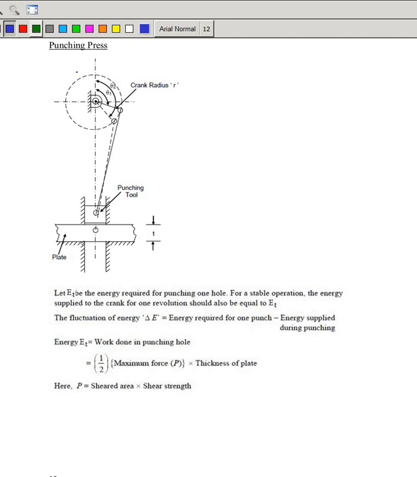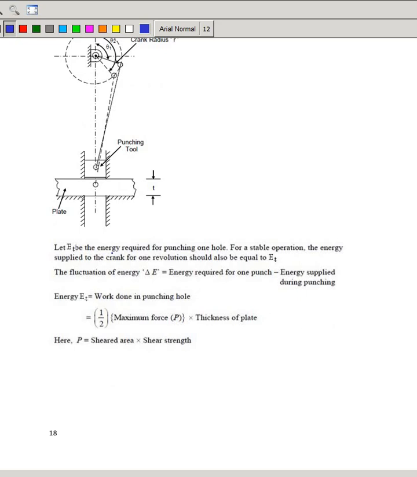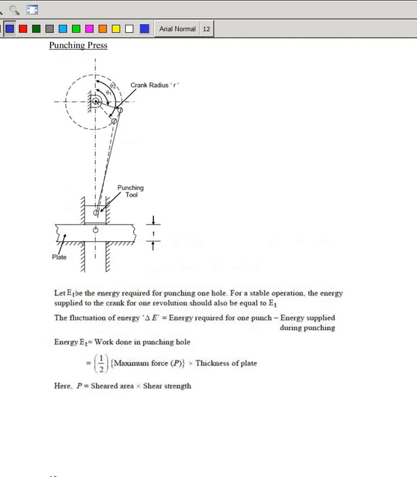So from theta 1 to theta 2 the punching takes place. Let Et be the energy required for punching one hole. For a stable operation, the energy supplied to the crank for one revolution should be equal to Et, because there will be one punch in a cycle, so the total energy supplied by the motor must be equal to Et, the energy required to punch a single hole.